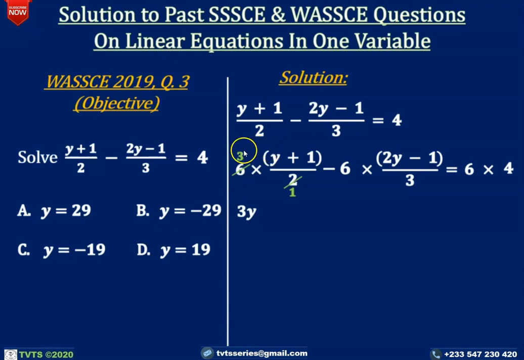And 3 times 1 is 3. Again, 3 into negative 6 is negative 2. Negative 2 times 2y is negative 4y. And negative 2 times negative 1 is 2. And on the right-hand side, we have 6 times 4 to be 24.